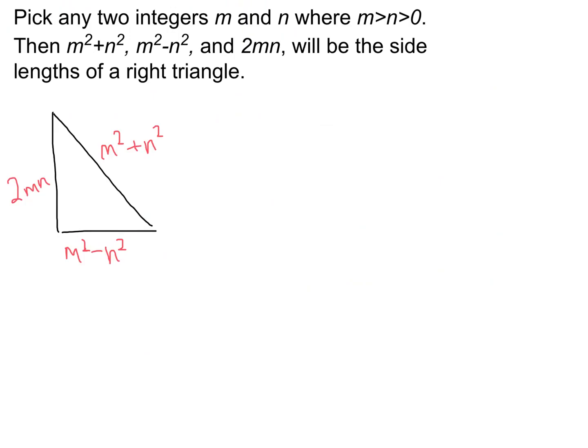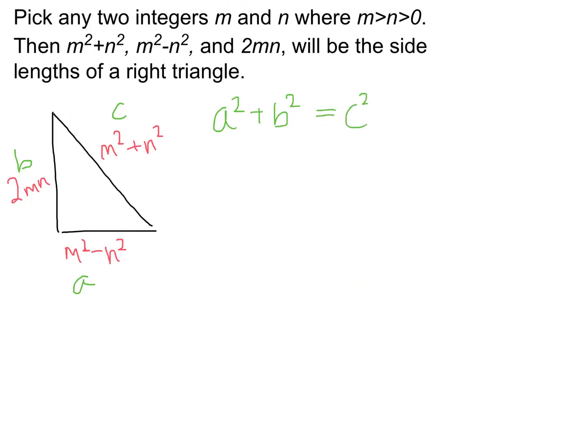But for any triangle, to prove that it's a right triangle, I can use the Pythagorean theorem, right? So let me just name these. Let's say this was side C, this was side A, and this was side B. To prove that a triangle is a right triangle, I need to show that a squared plus b squared equals c squared.